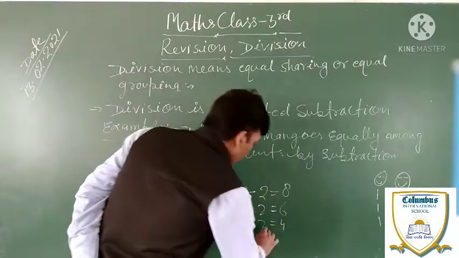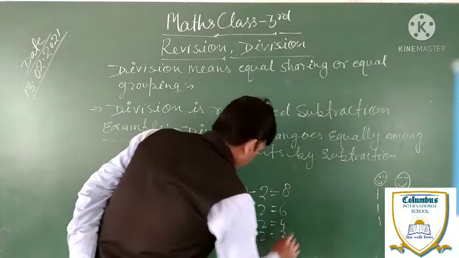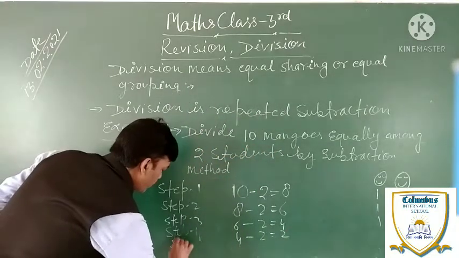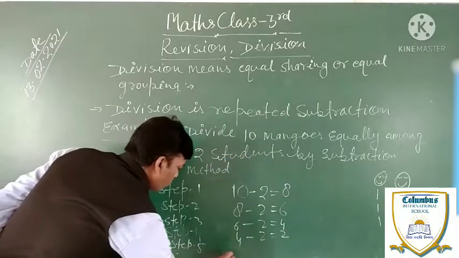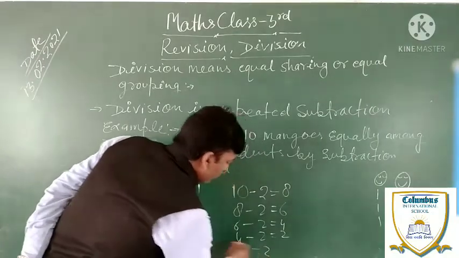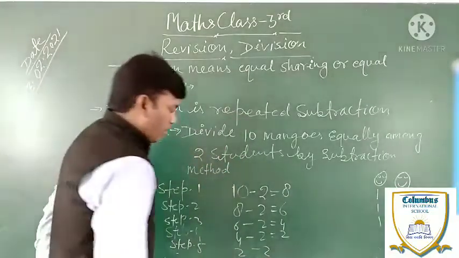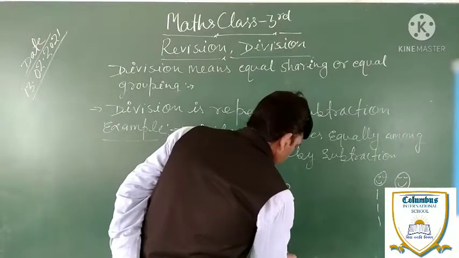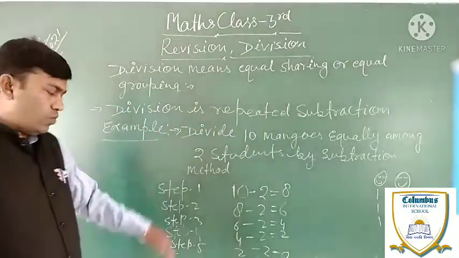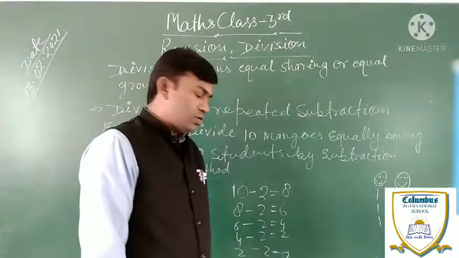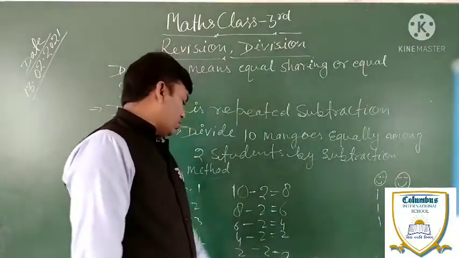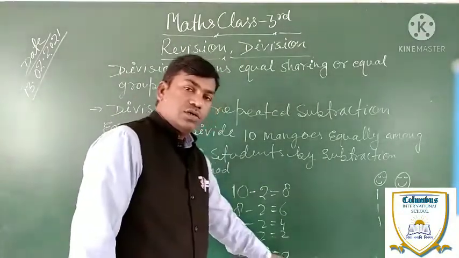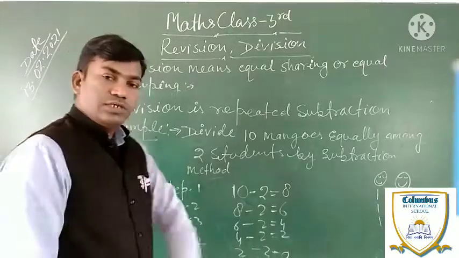Step 4. I have 4 remaining. Then I will give 2. Then step 5: 2 minus 2. It means I have 2 mangoes remaining. Then I will give 2, and we get 0. When we get the 0 number at last, then our subtraction is over.